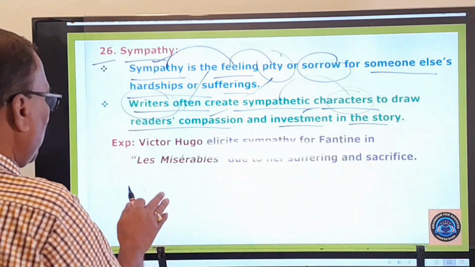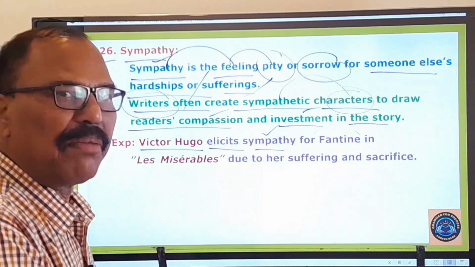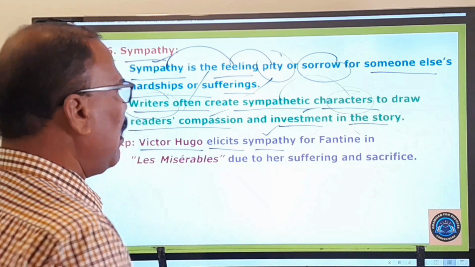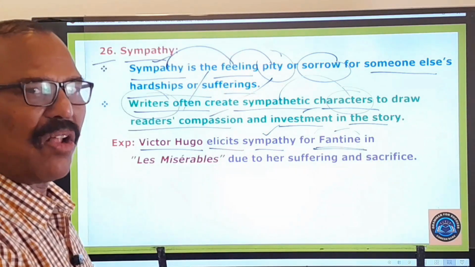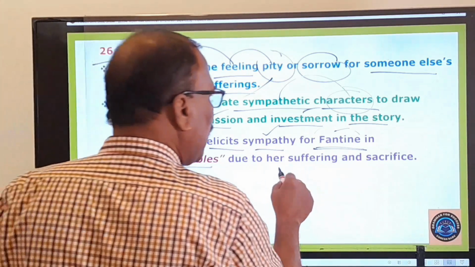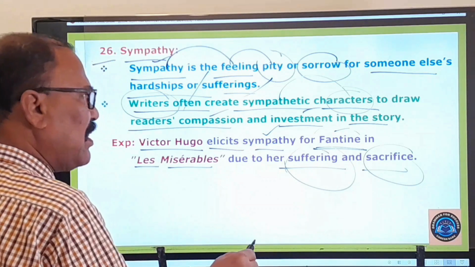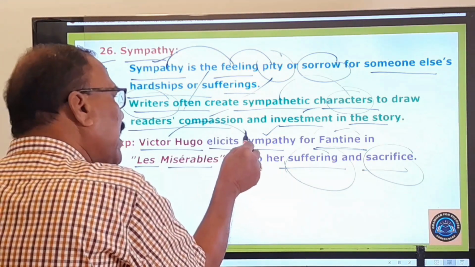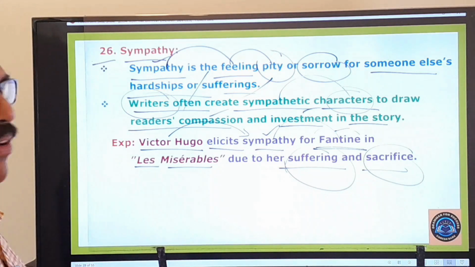Pay attention to one example. Victor Hugo elicits sympathy. He makes the readers feel sympathy for Fantine. This is a woman character of that story, who is among the miserables due to her suffering and sacrifice. Because of her suffering and her sacrifice, this writer makes the readers feel sympathy for Fantine.